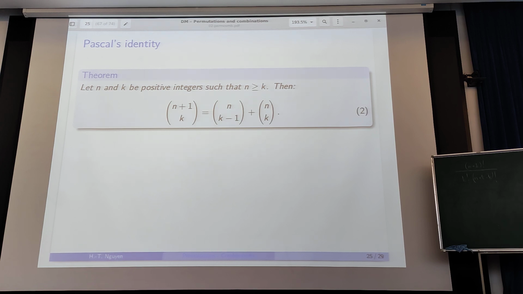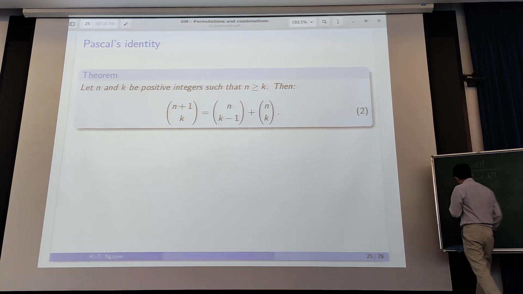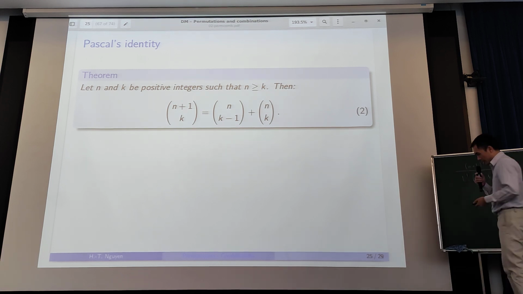After some simplification, you can arrive at the conclusion that the two sides are the same. So you can use the definition to prove that they are indeed the same.